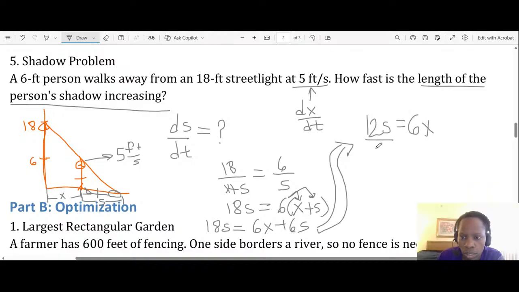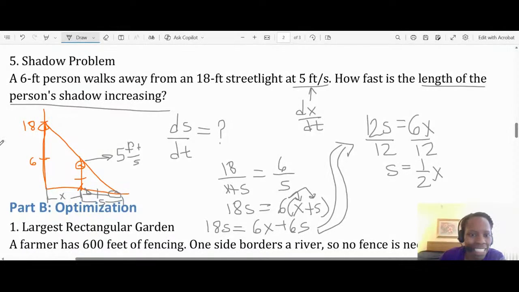So we divide by 12 and we say s is equal to 1/2 x. Okay, we'll take the derivative with respect to time.